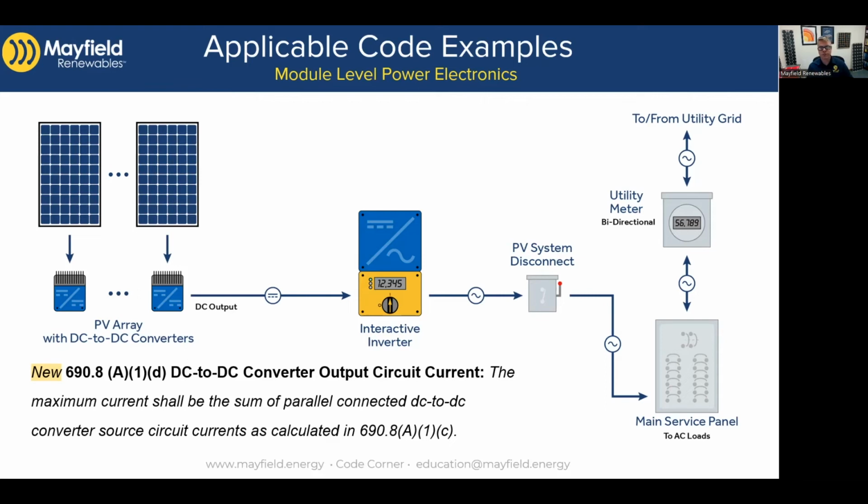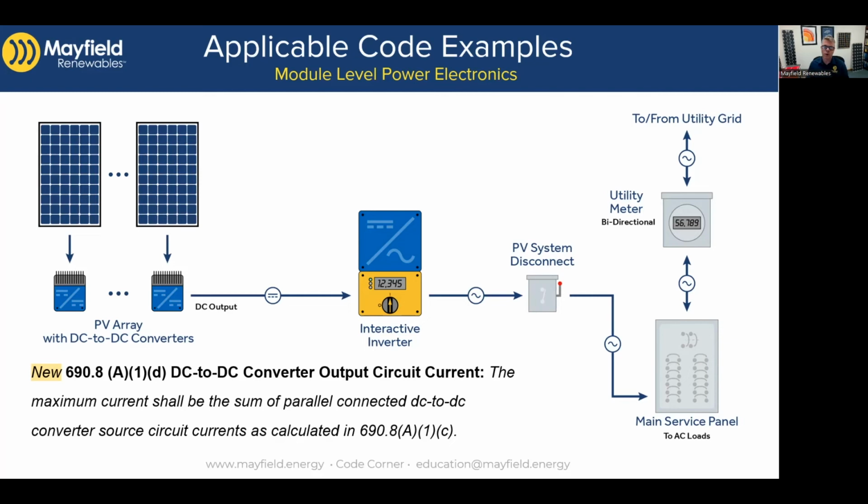And it references back to (A)(1)(C), which is just one code section above this. But in essence, the maximum output circuit current is going to be whatever the DC to DC converter says that it is.